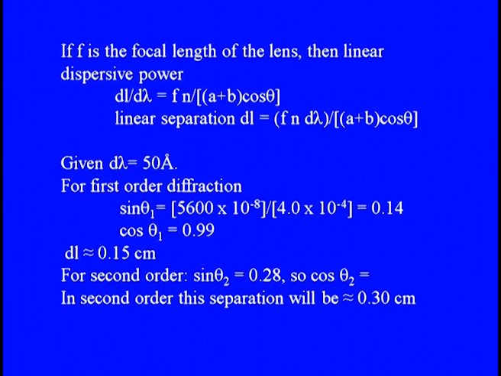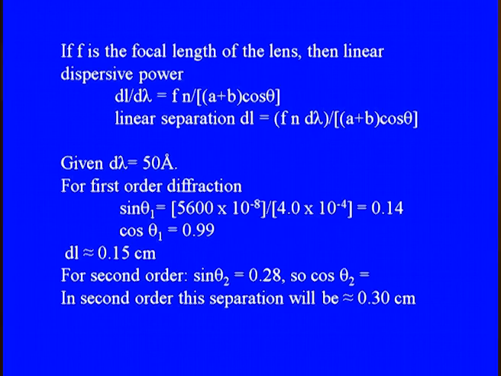So, for first order diffraction we can calculate the value of sin theta 1, and after knowing it we can calculate cos theta 1, and then find the value of dl. In the first order the value of dl will be approximately 0.15 centimeter.